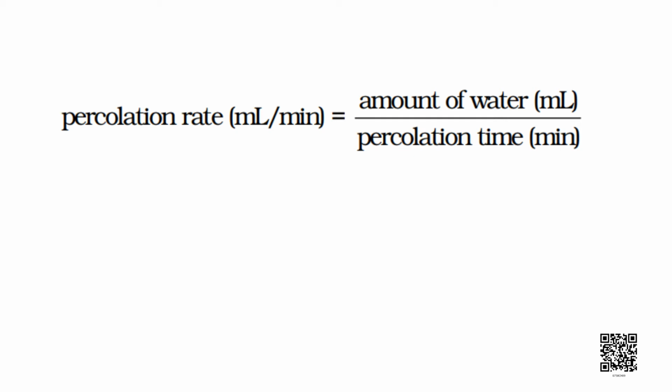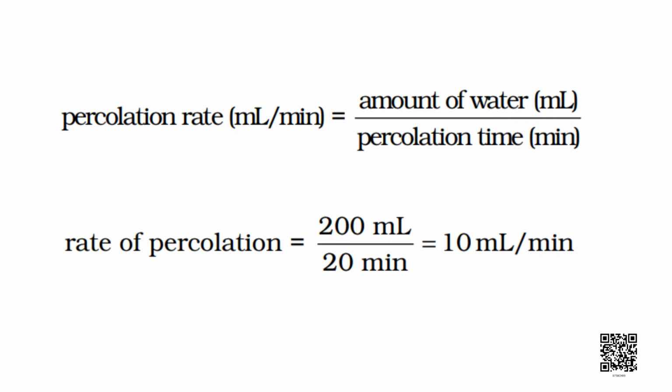For example, suppose that for a certain sample, it took 20 minutes for 200 milliliter of percolate. So, rate of percolation is equals to 200 milliliter upon 20 minutes, and that is 10 milliliter per minute.